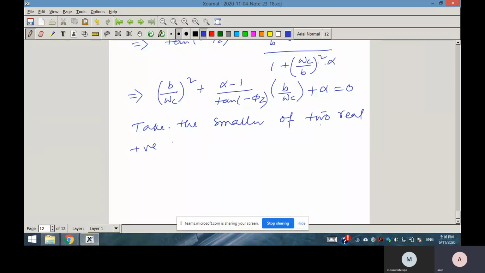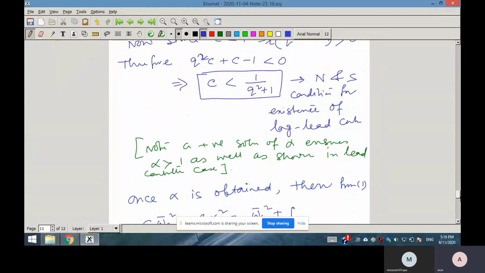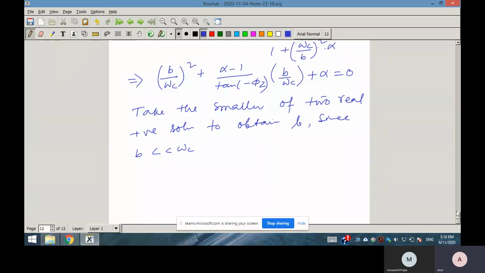Take the smaller of the two real positive solutions to obtain b. Why? Because b is much smaller than omega c. Otherwise, the phase lag part may contribute more phase lag. In that case phi 2 equal to 1 to 5 degree will not suffice, so more phase lead has to be provided by the lead part to compensate for the lag provided by the lag part. Okay.